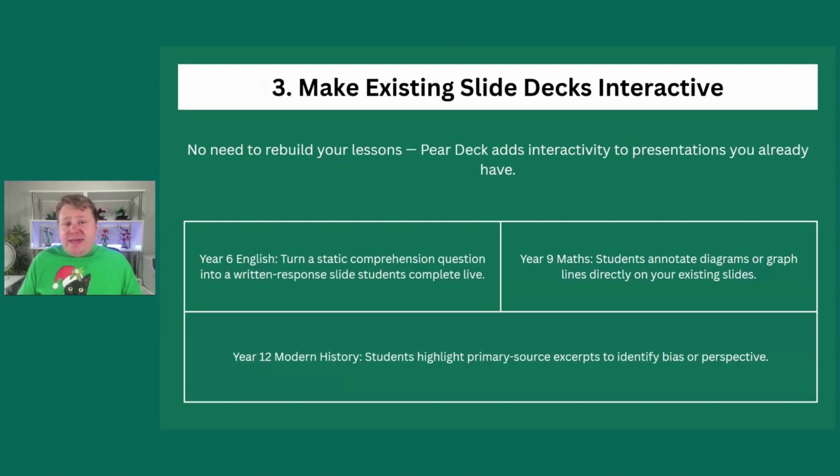Or maybe you've got a year 12 modern history class. Okay, we've gone back to the seniors. Here we could get our students to highlight primary source excerpts to identify bias or perspective.